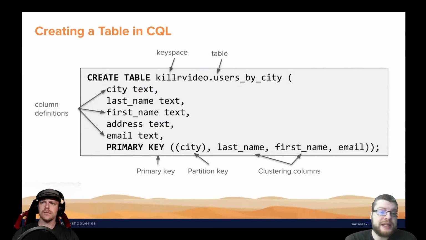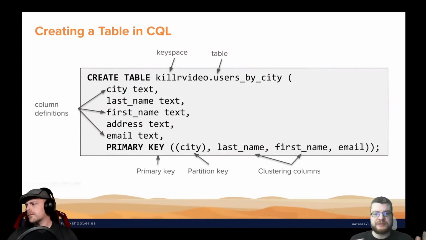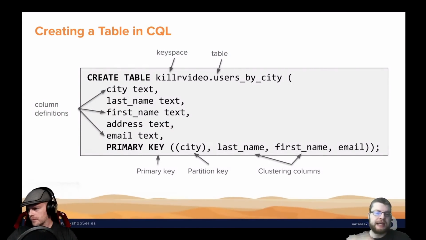All right, so CREATE TABLE killervideo.users_by_city. That notation right there is how you explicitly define what table you are referencing within your keyspaces. So if I had 3 different keyspaces there, I could specify a different keyspace dot table name and get to whatever table I was looking for. Now, you'll notice later on in the labs, we're going to use the USE command, which basically sets a context for our terminal.